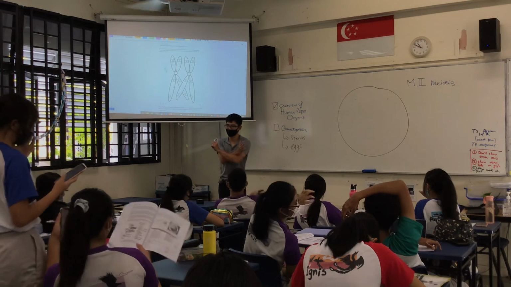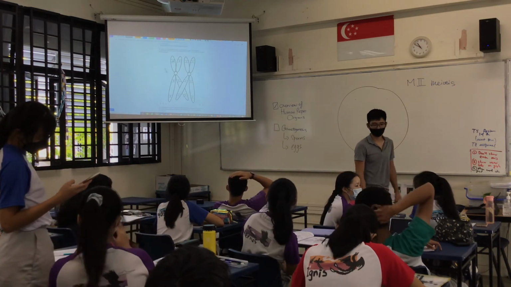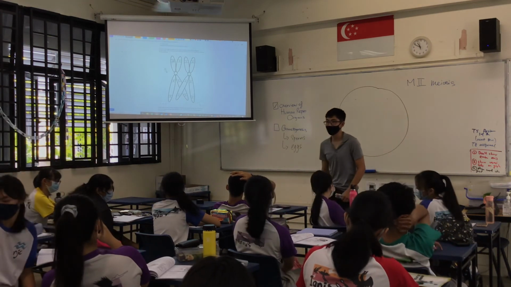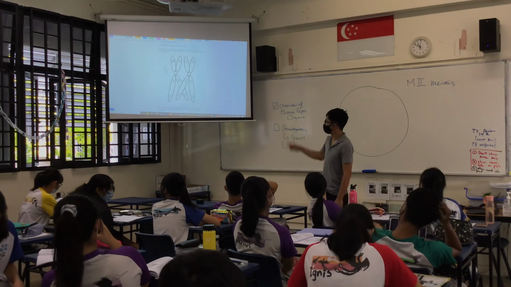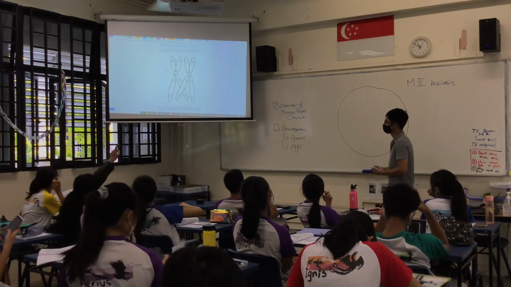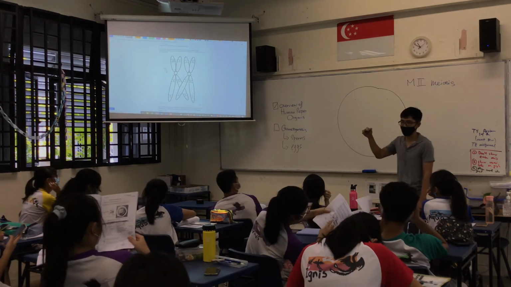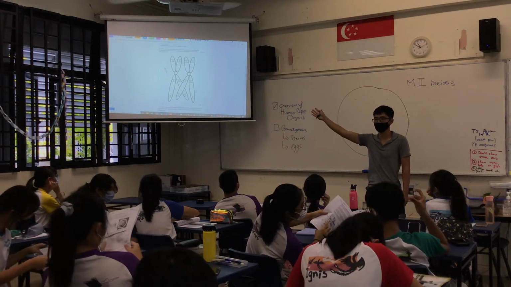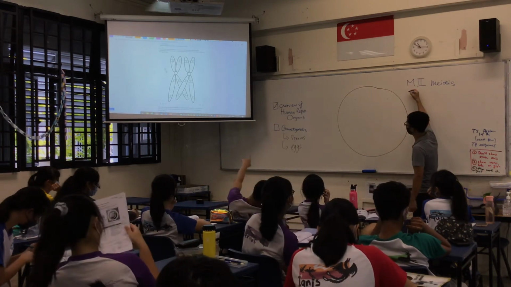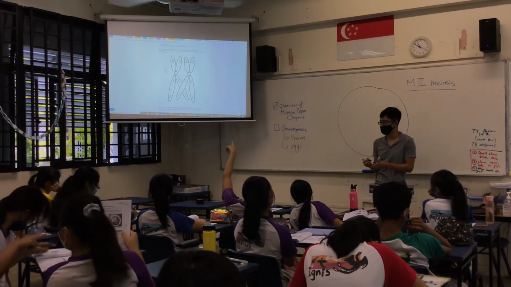Chiasma is when they cross over. The question is, what would a secondary oocyte at metaphase 2 look like? You can only use these two homologous chromosomes to depict it. So what would this cell look like at metaphase 2 of meiosis using these two chromosomes?